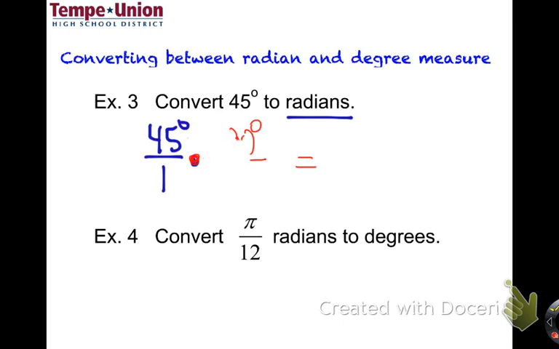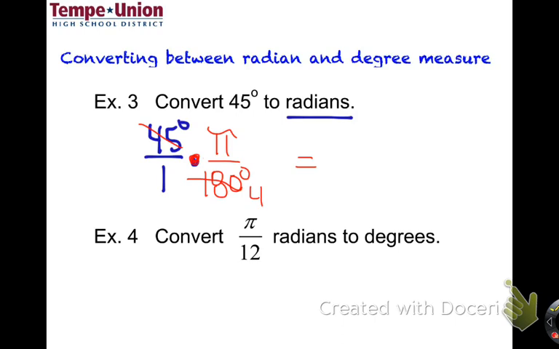But if I multiply by pi over 180 degrees, look at that. The degrees will actually cancel out. So 45 will go into 180 4 times, and it cancels out the degrees as well.